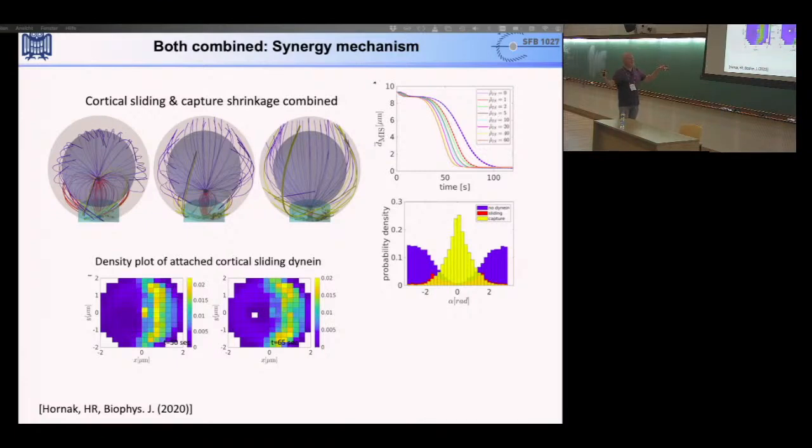Many of them get caught, but then the dynein of cortical sliding will lead the microtubules towards the central capture shrinkage dynein, and so more of them actually get caught in the center. And you see here that with very modest dynein densities, you get very fast relocation times. Okay.